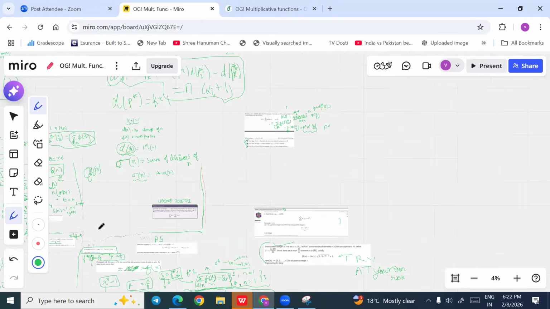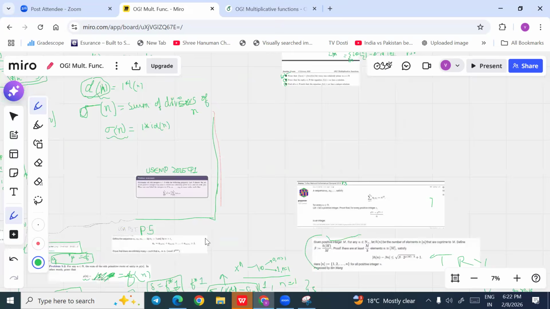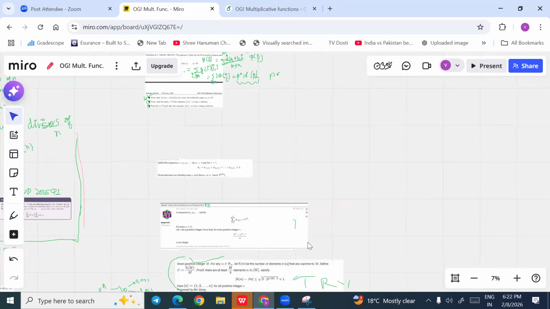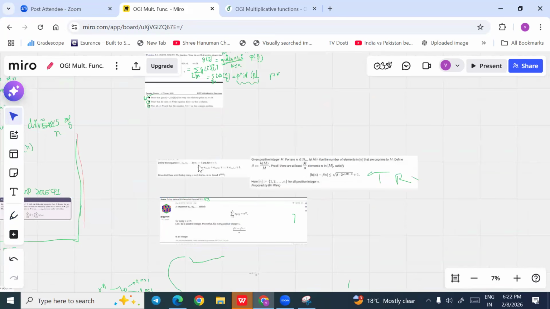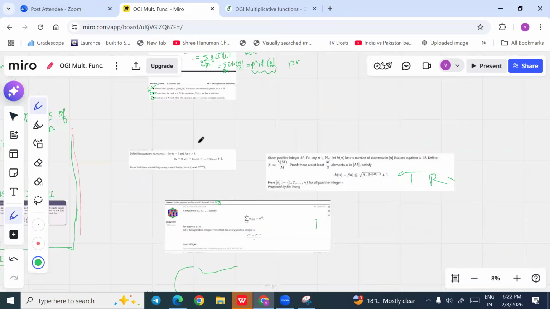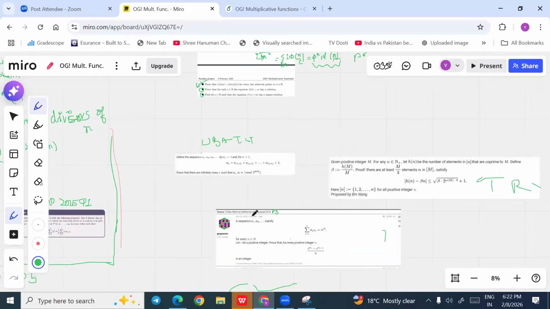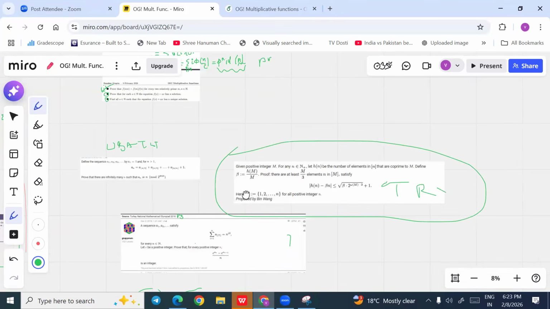Now we have 3 very good problems, and obviously we can do only one of them today. This is USA TST P5, this is Turkey and MOP3, and this last one I don't want to reveal the source of, and I can't do it literally.